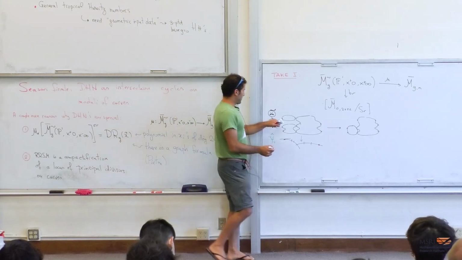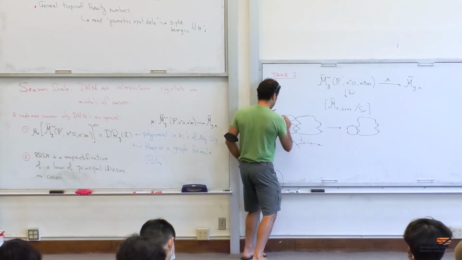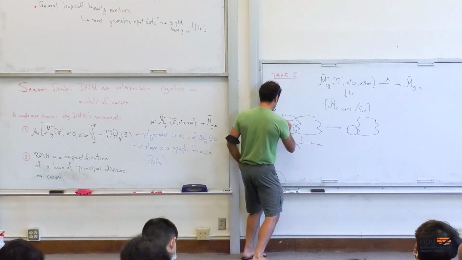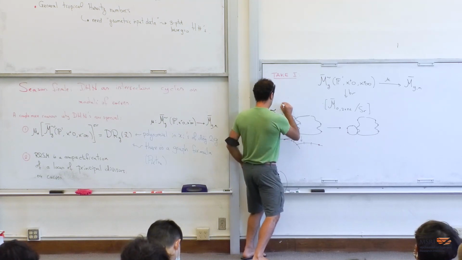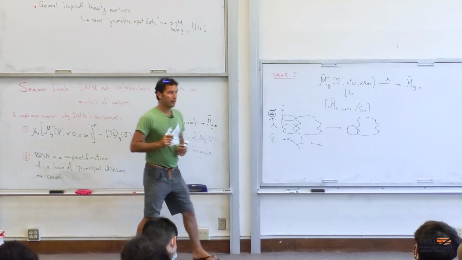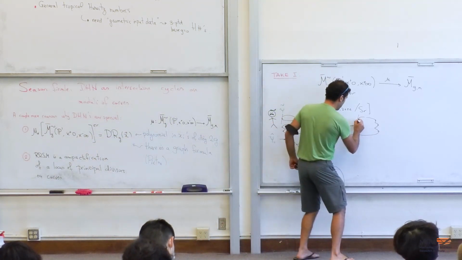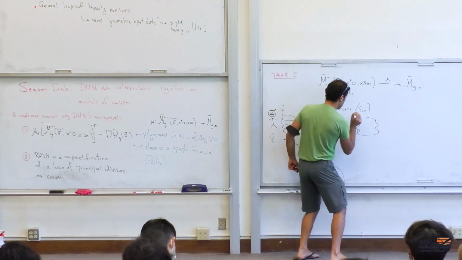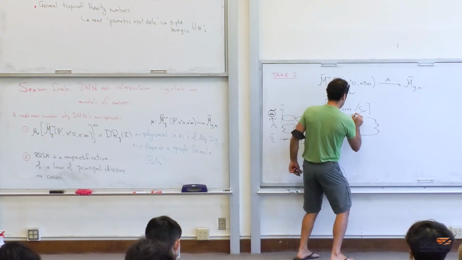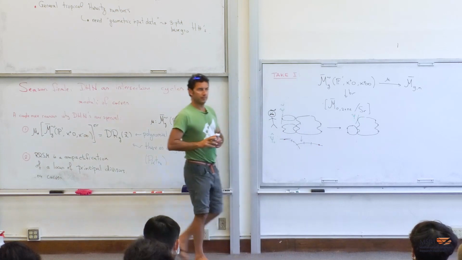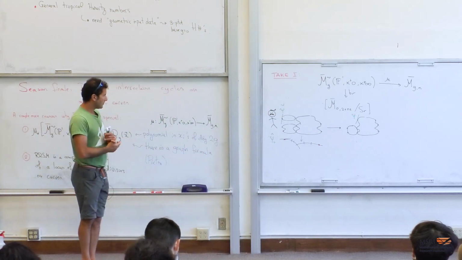I have a psi class on this moduli space corresponding to this point. I'm going to call it psi tilde. And I have a psi class on M_g bar that has to do with this cotangent space. I'm just going to call it psi.